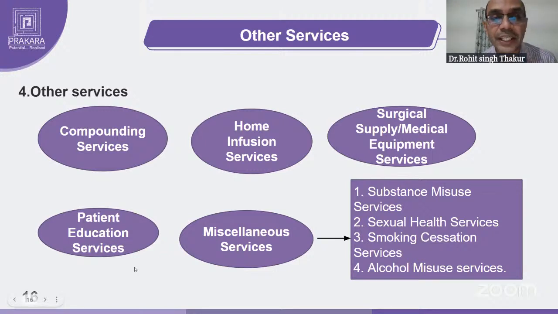Definitely patient education services, and miscellaneous services. Now, remember, students, when it comes to miscellaneous services, substance misuse services should broadly be considered, where narcotics and non-narcotic substances which directly act on the central nervous system have to be given due consideration.